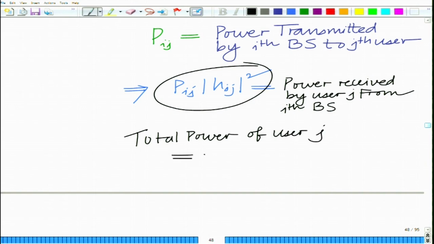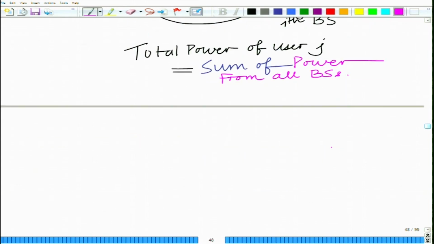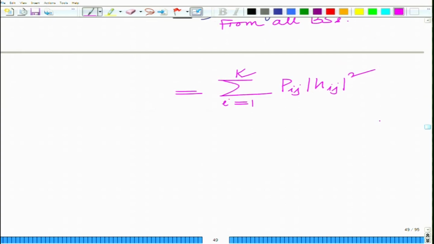Remember the base station index is i, so you sum over all i, from i equal to 1 to k, where k is the total number of base stations, of Pij magnitude Hij square. This is the total power received by user j from all base stations.